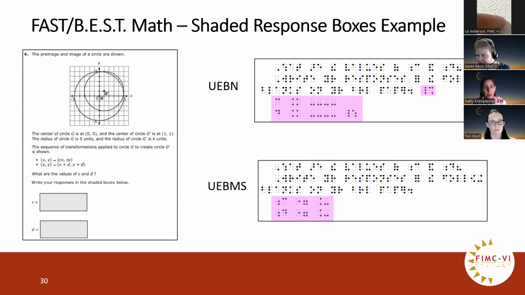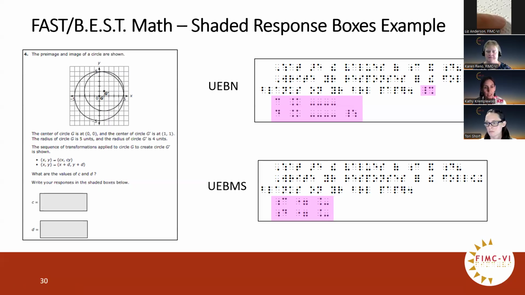As you can see in the Nemeth example, it includes the opening and closing indicators for the Nemeth. So on the previous line, that little edge of pink on the upper right is the opening Nemeth indicator. And then you have C equals long dash, and then D equals long dash, and then the closing Nemeth indicator.